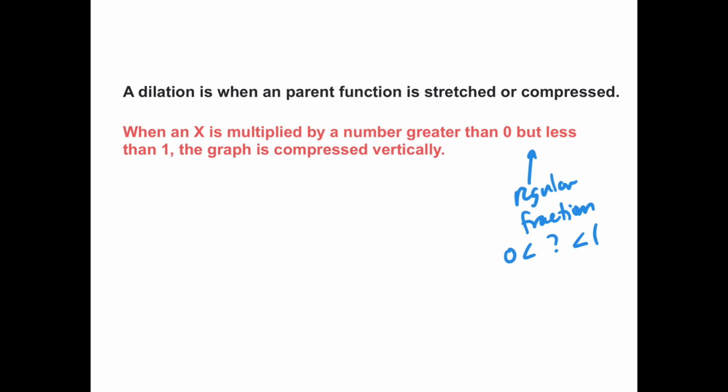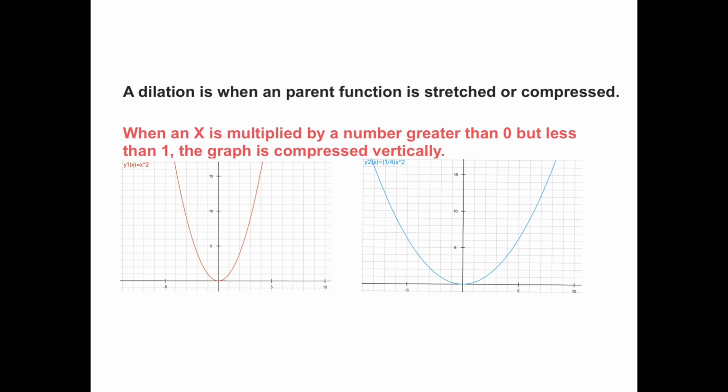So let's look at some examples again. I start off with my parent function, y equals x squared. This one is y equals 1/4 x squared. So again, that's a fraction between 0 and 1, and it looks like it got pushed down. And when you push it down, it pops out to the right and to the left.